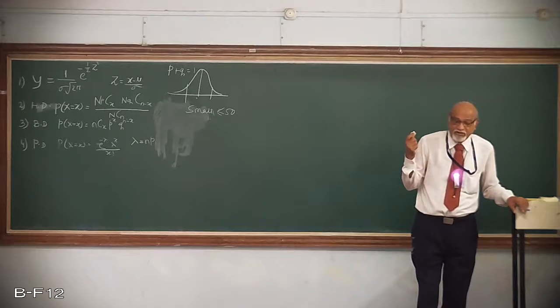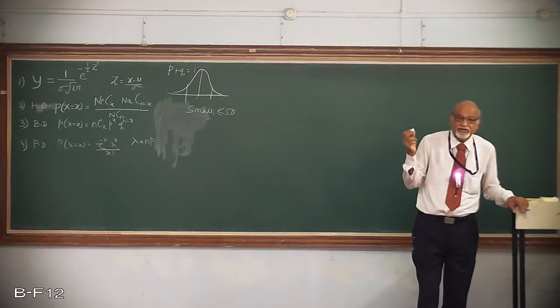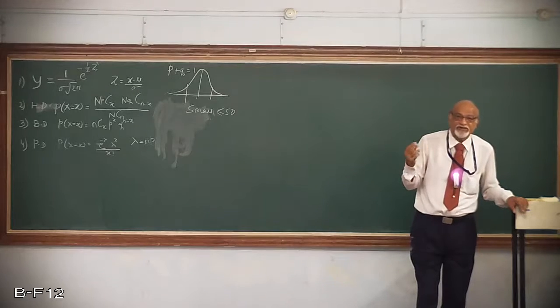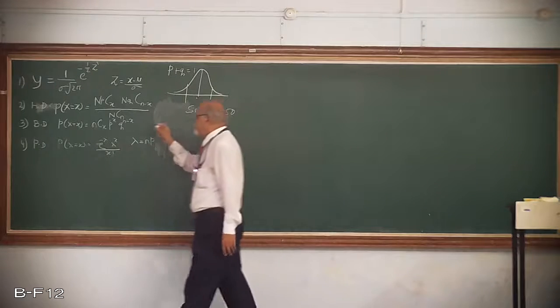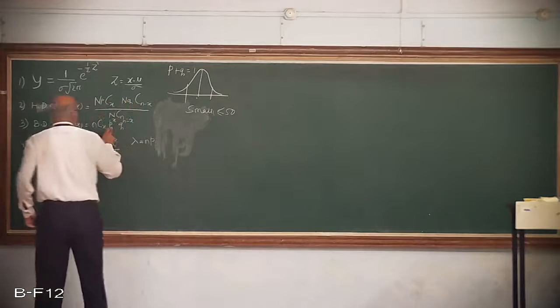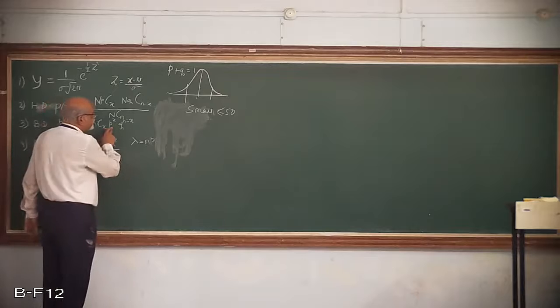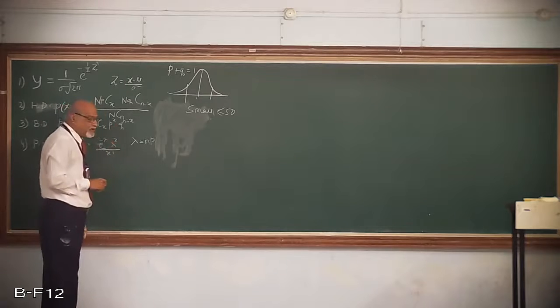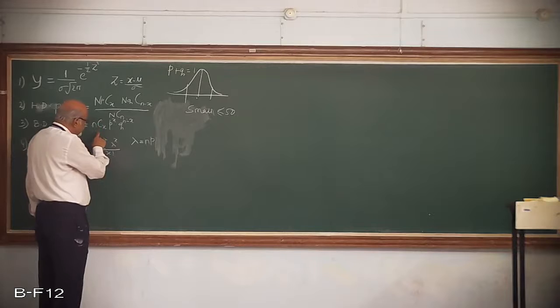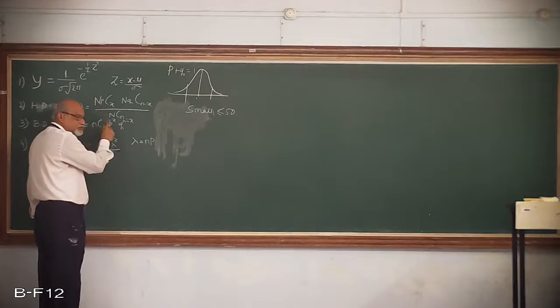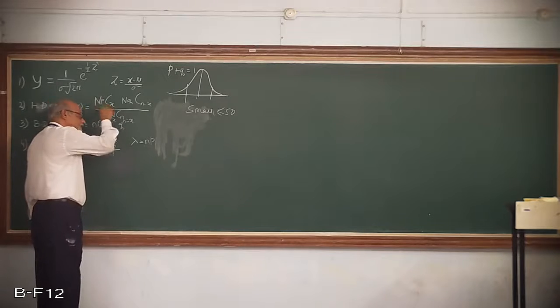So here the sample size is small, the lot size is large, and the p-value is greater than 0.1. Then I am going to approximate it by the binomial distribution, even though it follows the hypergeometric distribution.